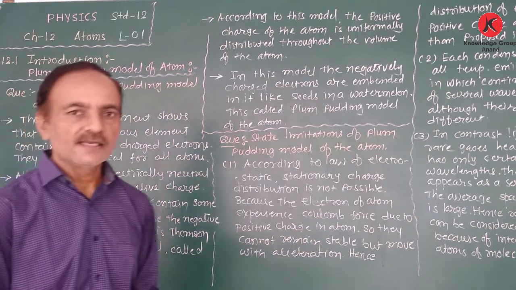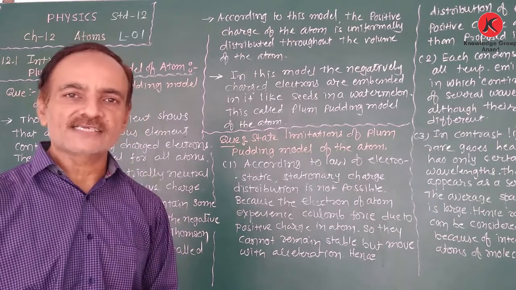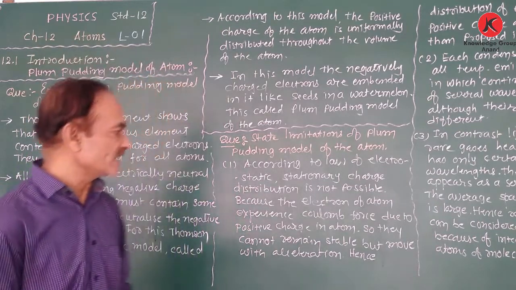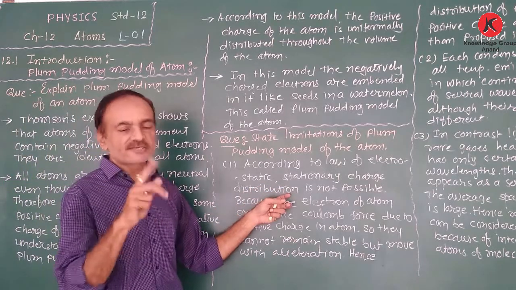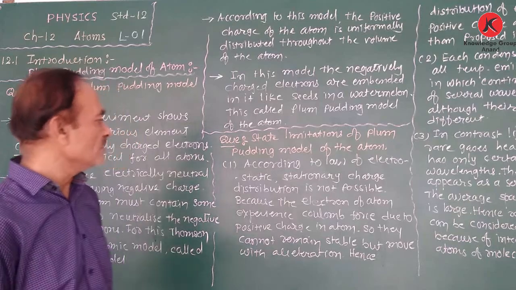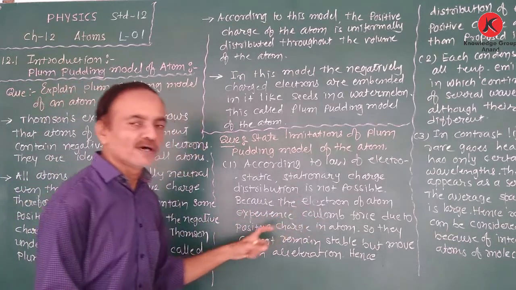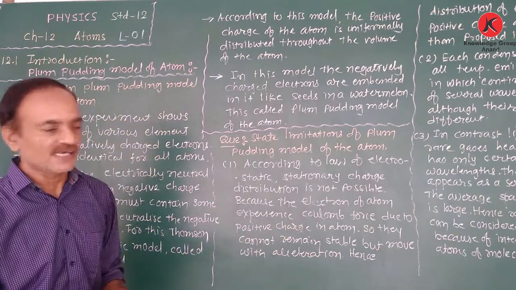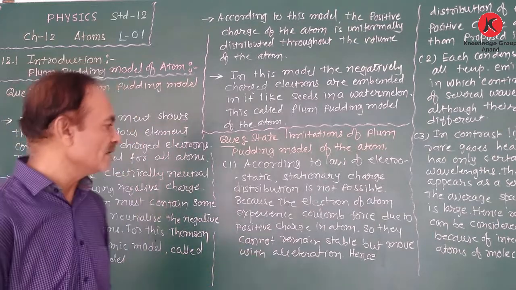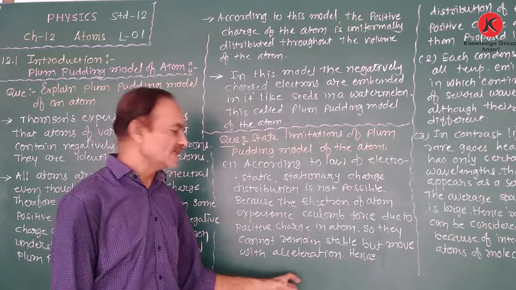According to our model, the electron and positive charge are uniformly distributed, while the law of electrostatics suggests that this distribution is not possible. So they cannot remain stable or stationary but move with acceleration.